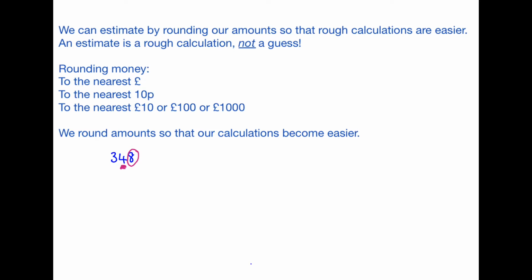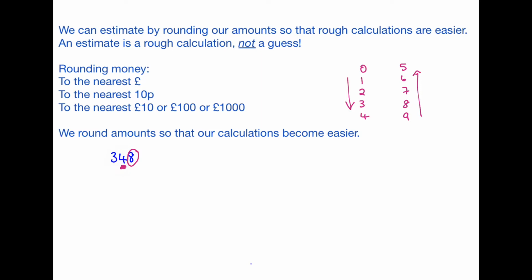If the one following it is a 0, 1, 2, 3 or 4, you round down, which means you leave the number as it is. If it's a 5, 6, 7, 8 or 9, you round up, which means you move it to the next number along. Because the 8 is in this set of numbers, we're going to round the 4 up to the 5.